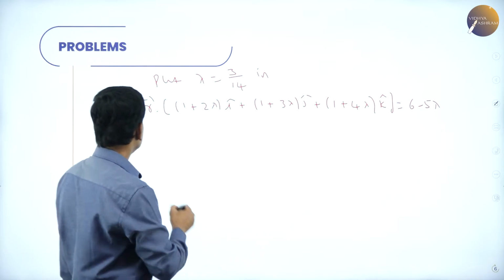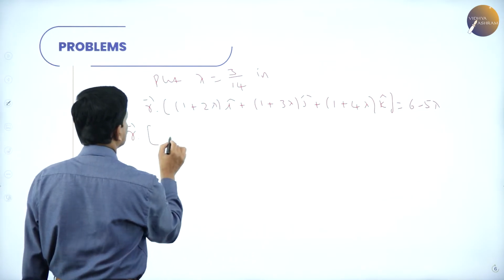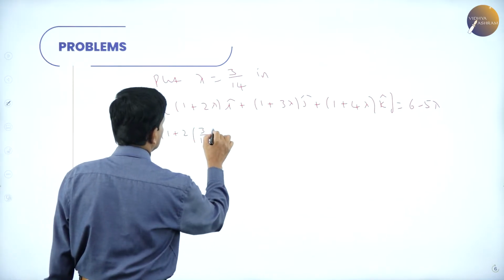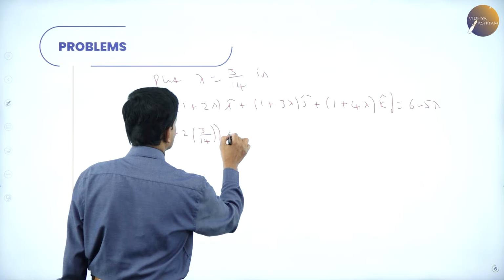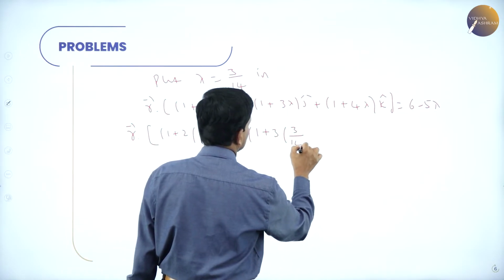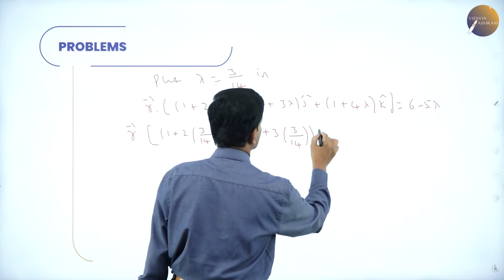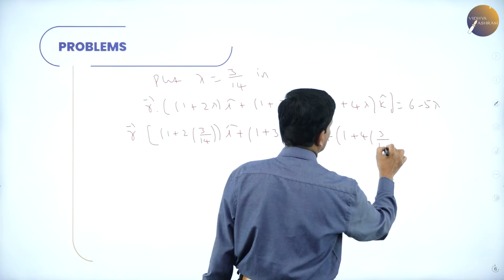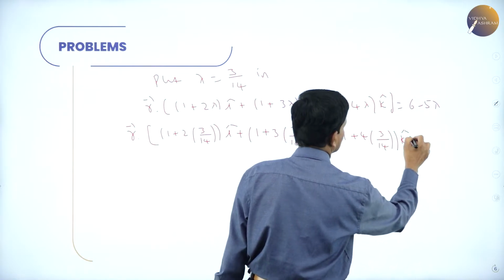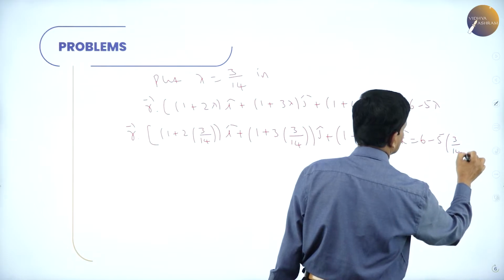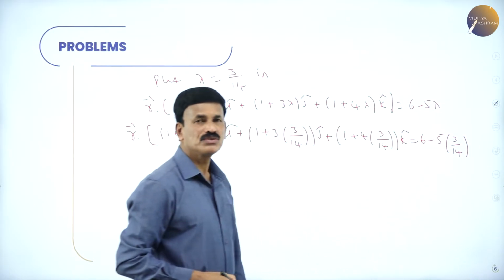So what will we get? r·((1 plus 2 into 3 by 14) i plus (1 plus 3 into 3 by 14) j plus (1 plus 4 into 3 by 14) k) is equal to 6 minus 5 into 3 by 14. Okay, followed.